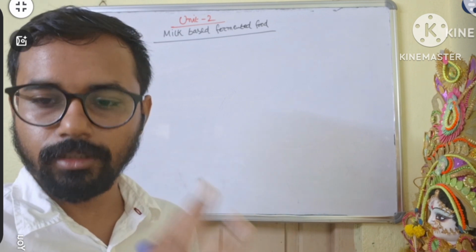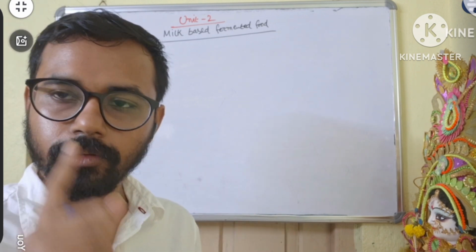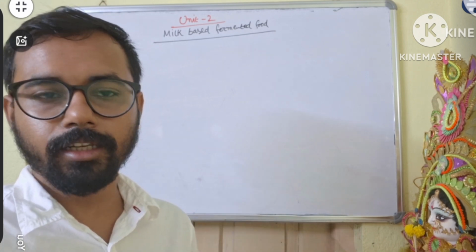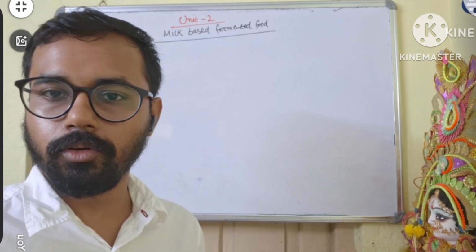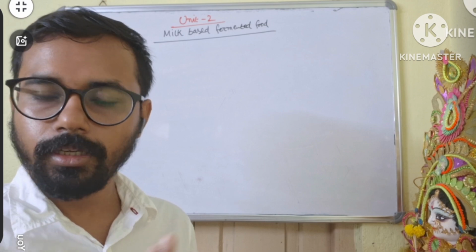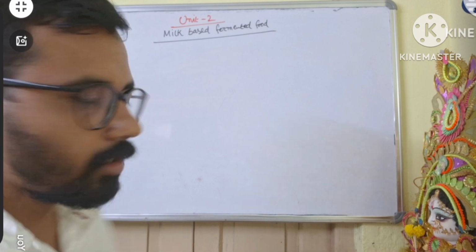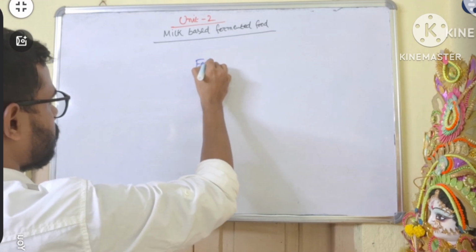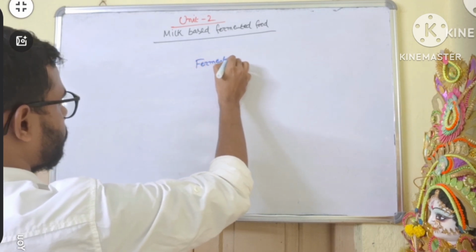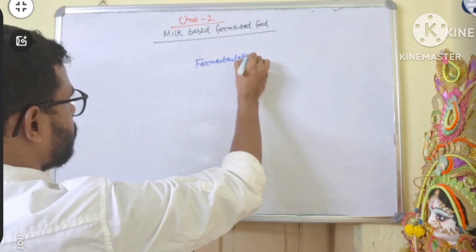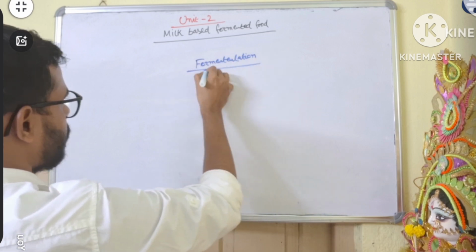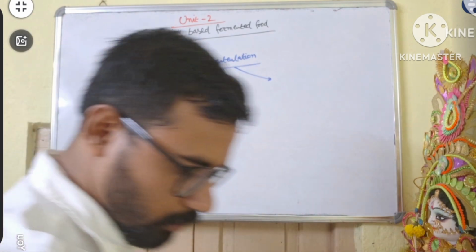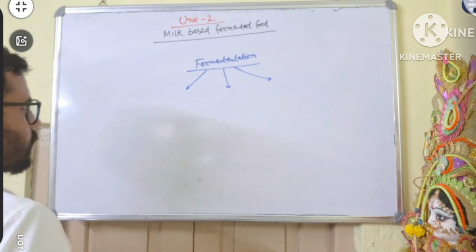There are three processes, right? Number one, by using indigenous microbes, we can ferment and ultimately reach the final product. Industrial fermentation can be done by any of the methods, but the best method is using starter culture.